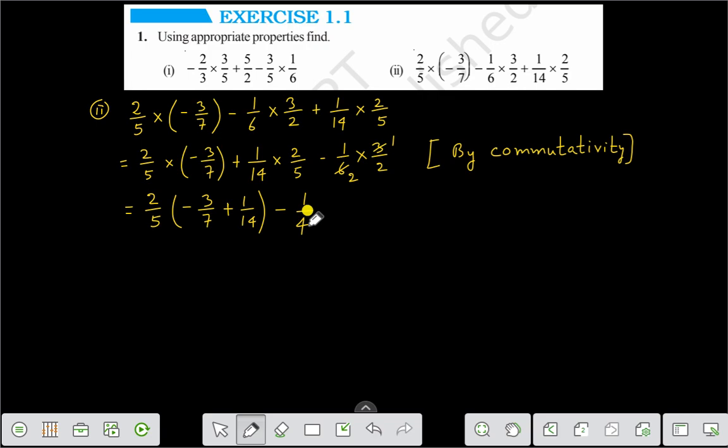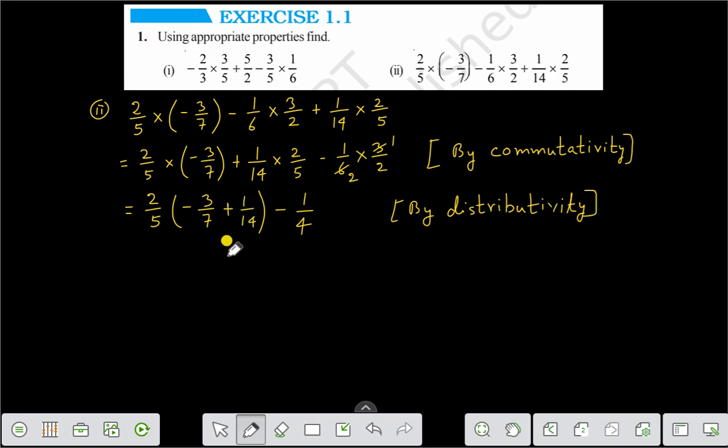Now by the distributive rule, by distributivity, we get this one.